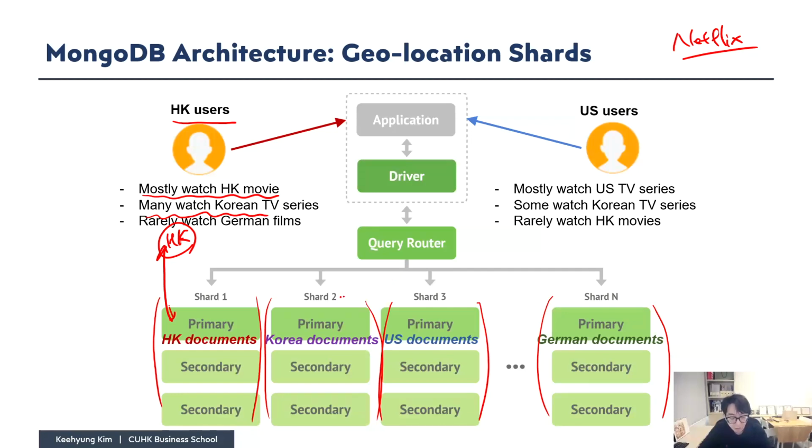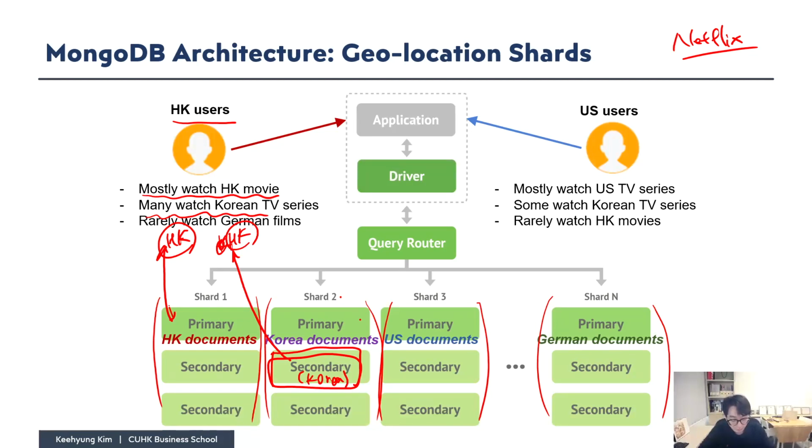In shard 2, we have the Korean content data stored there. And this secondary is a copy of the primary. So we physically locate this in Hong Kong, which contains a copy of Korean content.